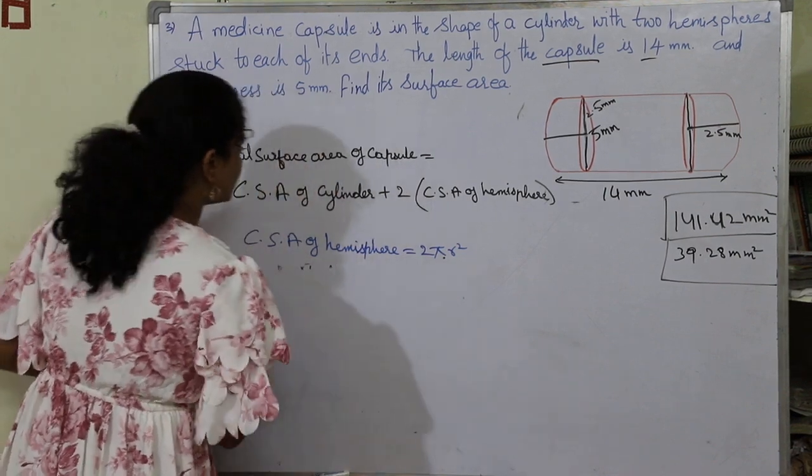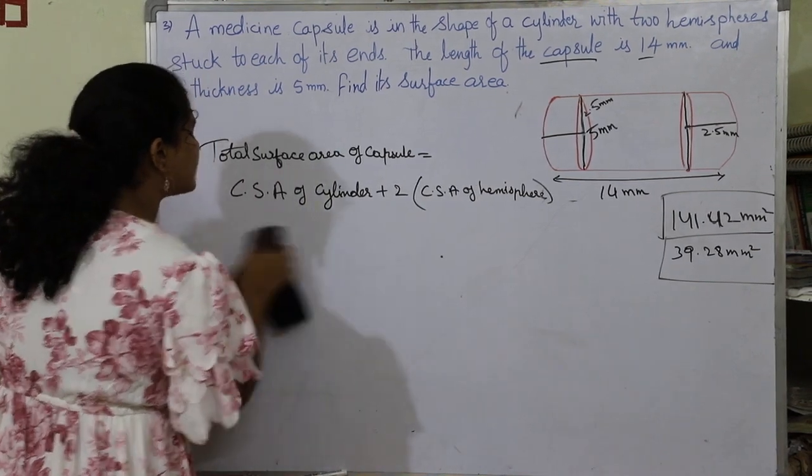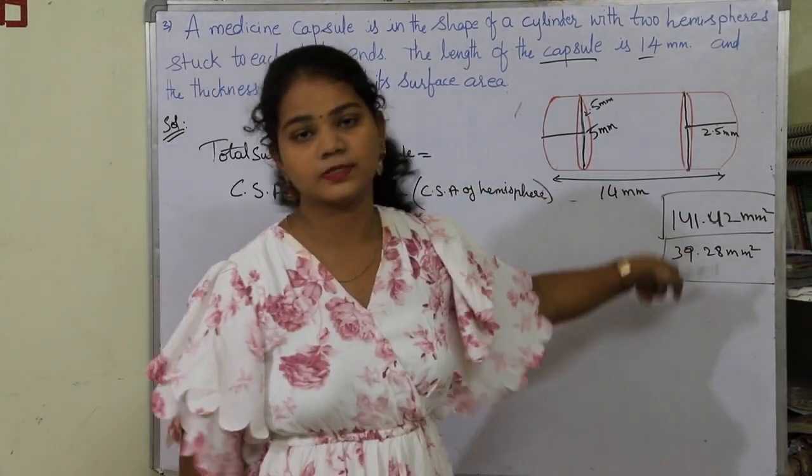I got both values, but this is the curved surface area of one hemisphere, and I have two hemispheres over here.